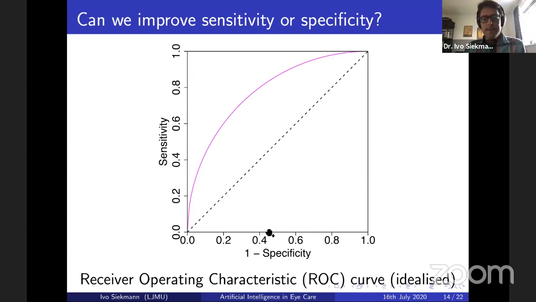And to represent this, we use a method that is called the ROC curve, the receiver operating characteristic. And this curve plots 1 minus specificity against sensitivity.